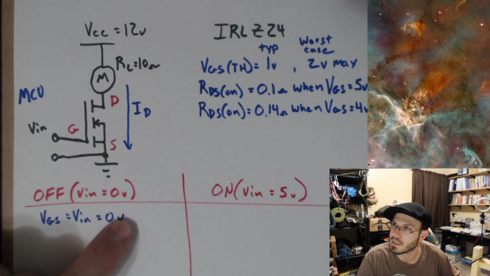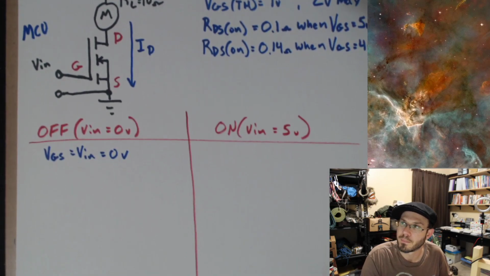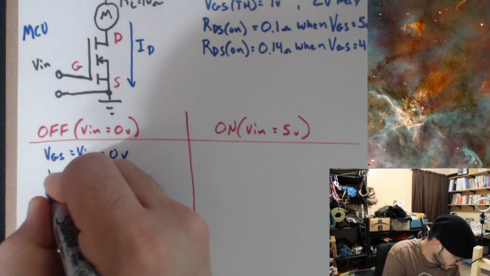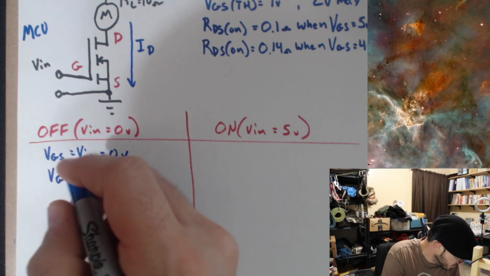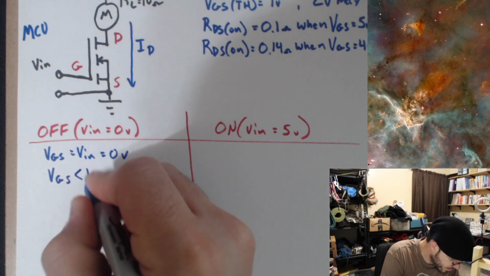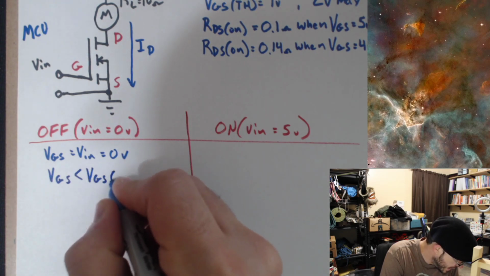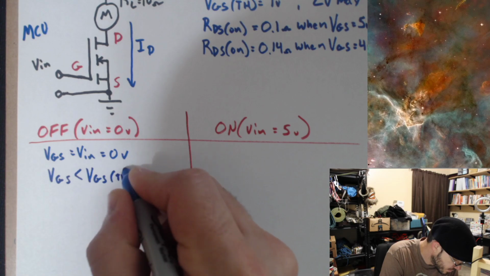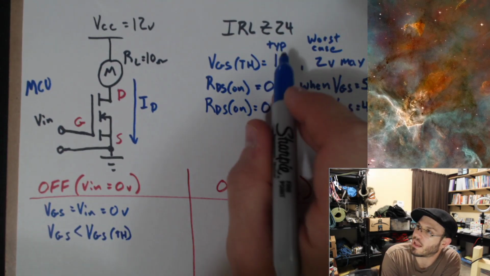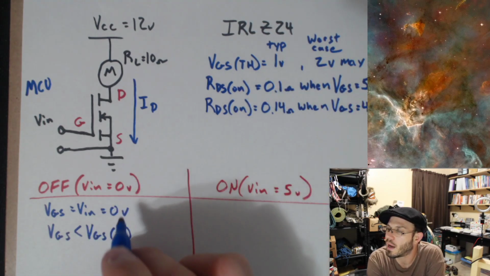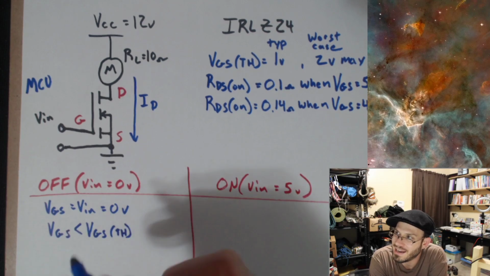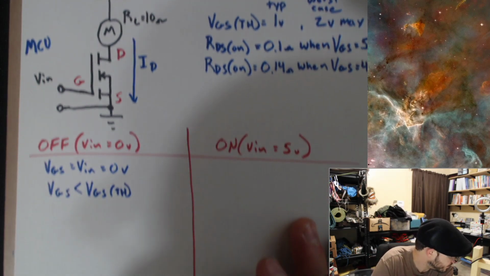So we get 0 volts there, okay? VGS is less than VGS-TH, since the typical VGS-TH value is 1 volt, and I know that 0 volts is less than 1 volt, so we know that our MOSFET is actually in cutoff.